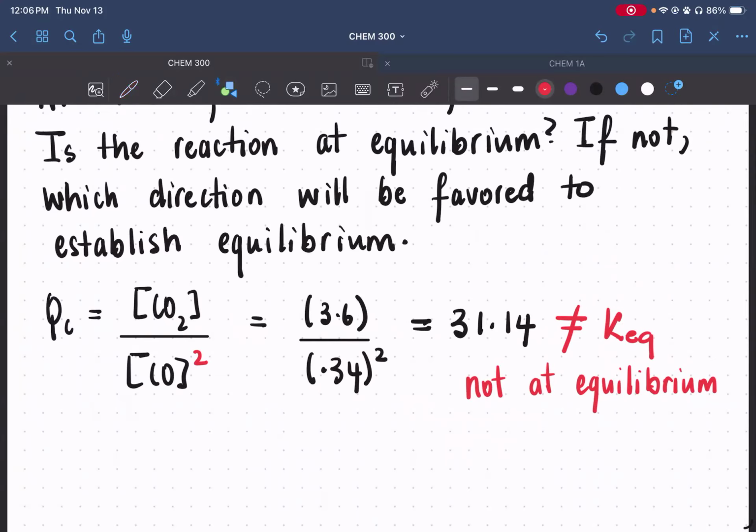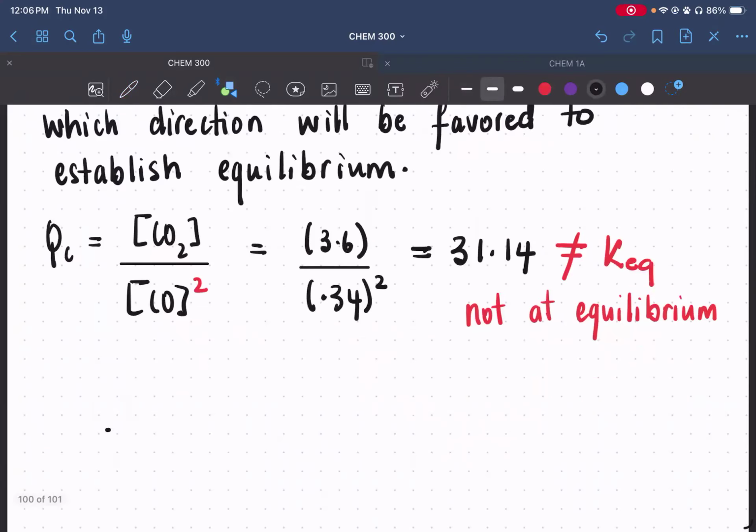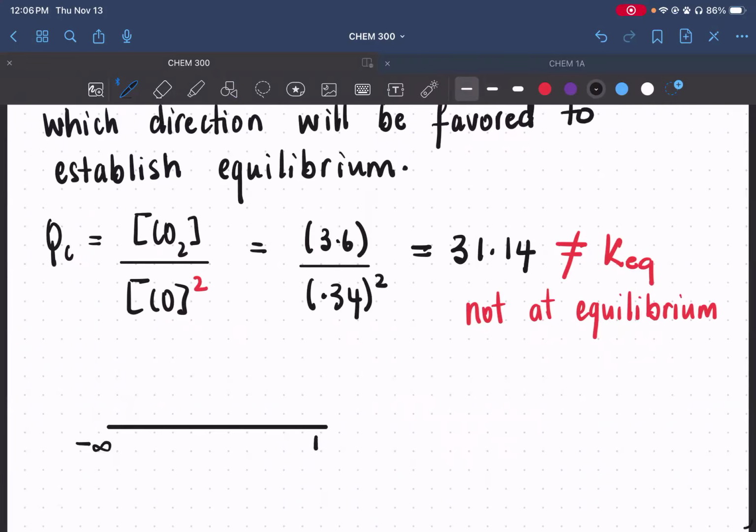As I mentioned, I really like that visual tool I used, which is drawing a scale from negative infinity to positive infinity. Smack dab in the center, I'm going to write my KEQ, which is 7.7. Then I'm going to write my QC, arbitrarily. I know it's going to be bigger. I know it's on the right. 31.14.